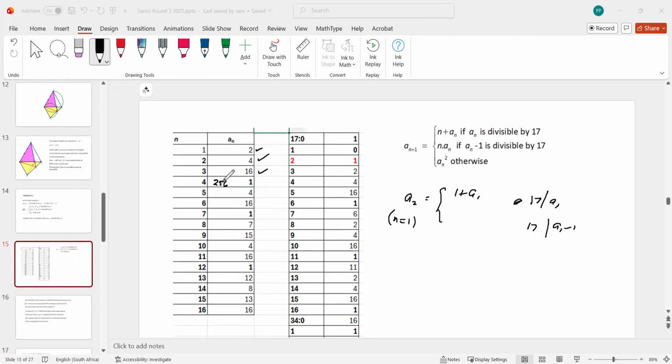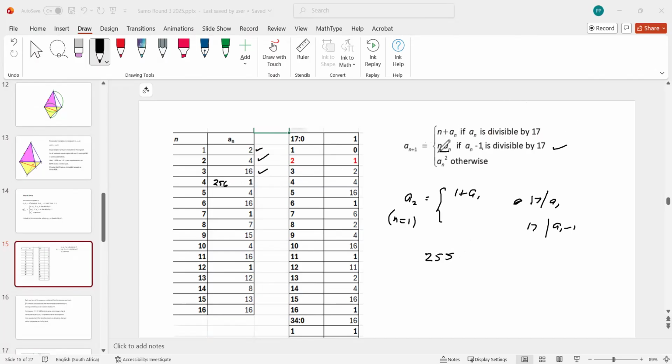Now, when I divide this by 17, 255 is a multiple of 17. You see? So therefore, the remainder is 1. So a_n minus 1 kicks in here: a_n is 256, minus 1 is 255. Right? Now, that is divisible by 17.